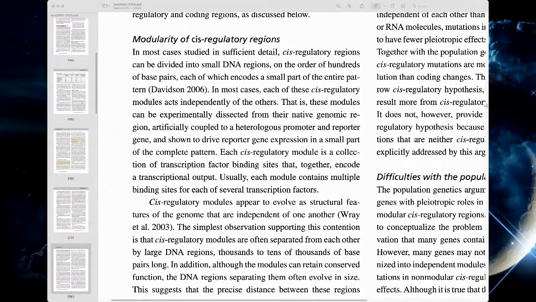Each cis-regulatory module is a collection of transcription factor binding sites that, together, encode a transcriptional output. Usually each module contains multiple binding sites for each of several transcription factors. Okay, that makes sense.